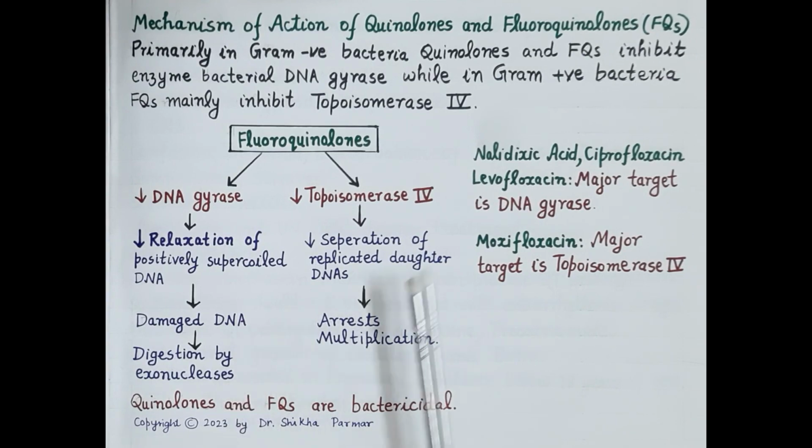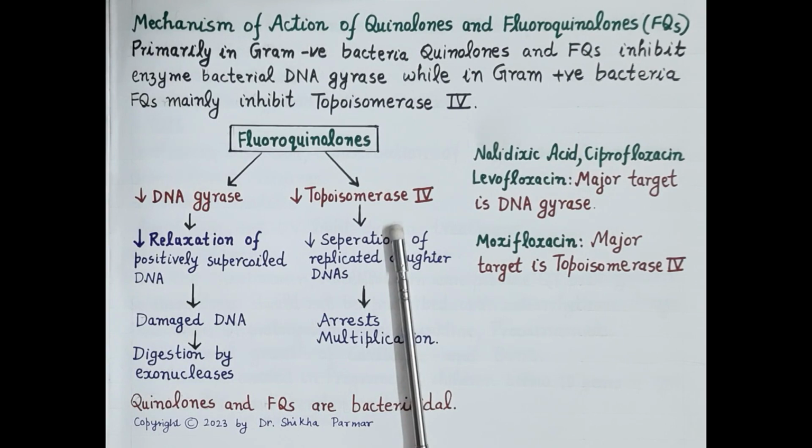On the other hand, in gram-positive bacteria, fluoroquinolones mainly target topoisomerase 4. Inhibition of topoisomerase 4 prevents separation of replicated interlinked daughter DNAs, and this prevents the multiplication of DNA. So, inhibition of DNA gyrase and inhibition of topoisomerase 4 prevents DNA replication, kills bacteria and produces a bactericidal effect.